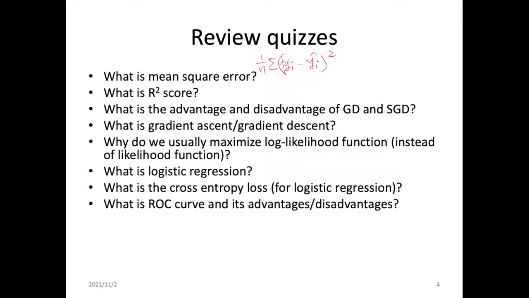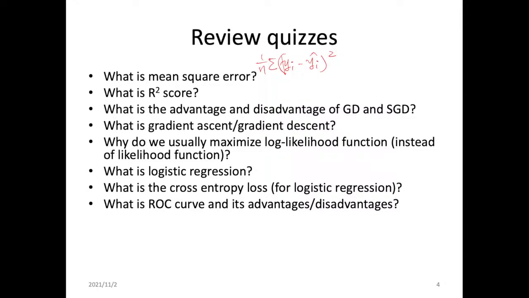Next, what is the ROC curve and what are its advantages and disadvantages? We said that once you return a ranked list of your predictions, then by setting the threshold at different points, you would have different accuracy, different precision, different recalls, different F1 scores, those kinds of things. So how do we evaluate whether method A is better than method B?